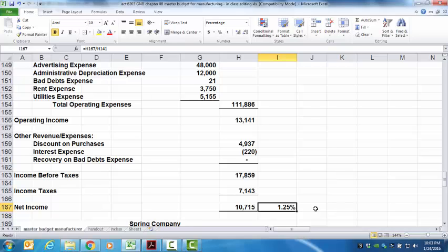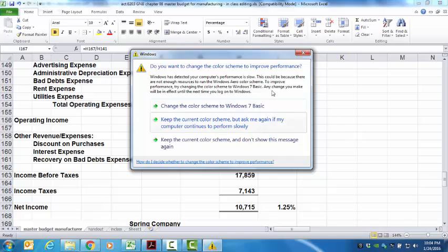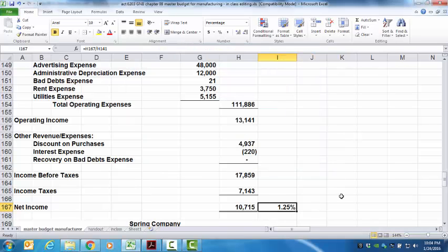Most companies desire a 10% or better, and this is not even achieving it. This company could have actually done better in some cases just putting the money into the bank, into a long-term, maybe a certificate of deposit, a CD, and earned 2%. So you could have done nothing and done a little bit better. So in this case, what we need to do is try and figure out what is happening and correct it.